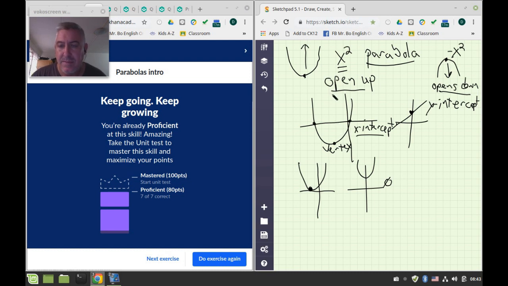And if I draw a vertical line going through the vertex, then the two sides are symmetrical, which means they're kind of like a mirror. So we call this the axis of symmetry.